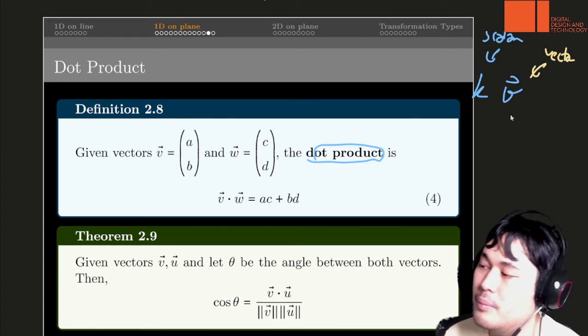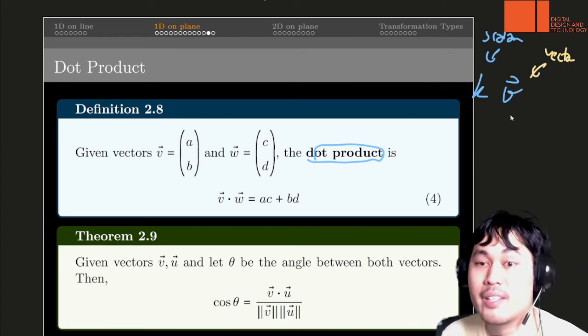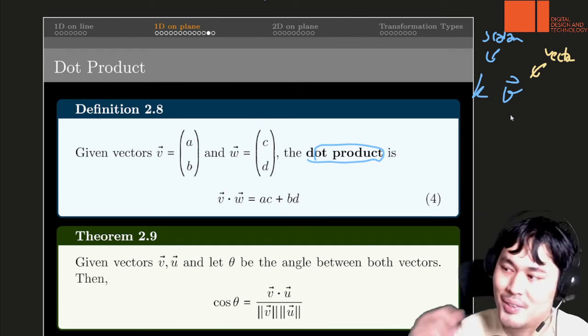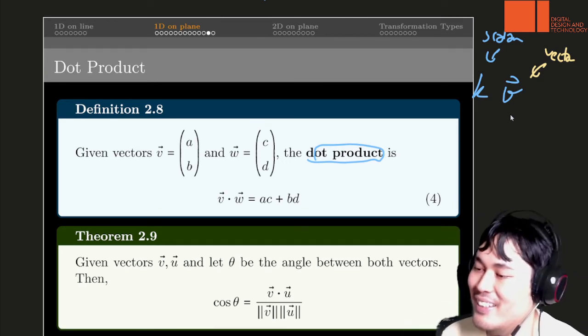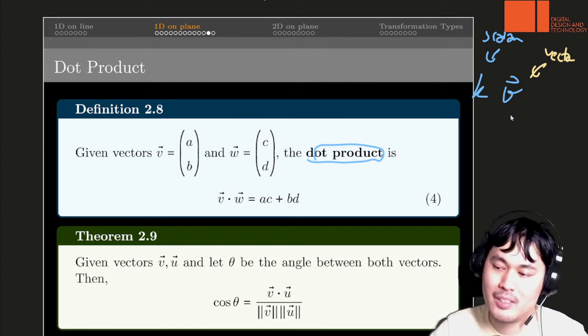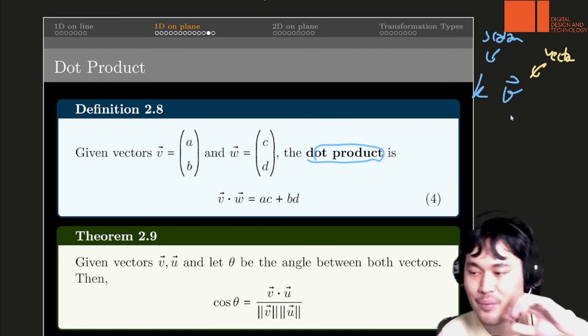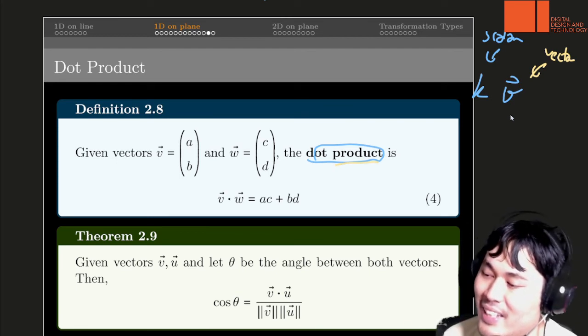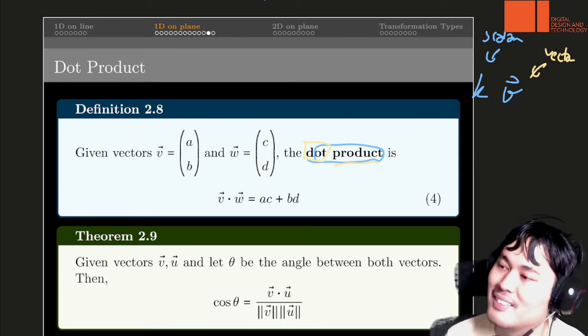But we did not mention that you can actually multiply two vectors together. And the thing is, we can do it in more than one way. That's something confusing about a vector. You can multiply vectors in one way or another, and that's why this product has a name, called a dot product.